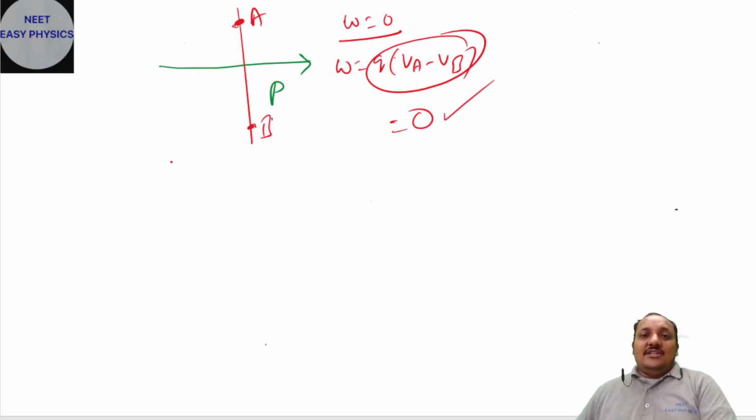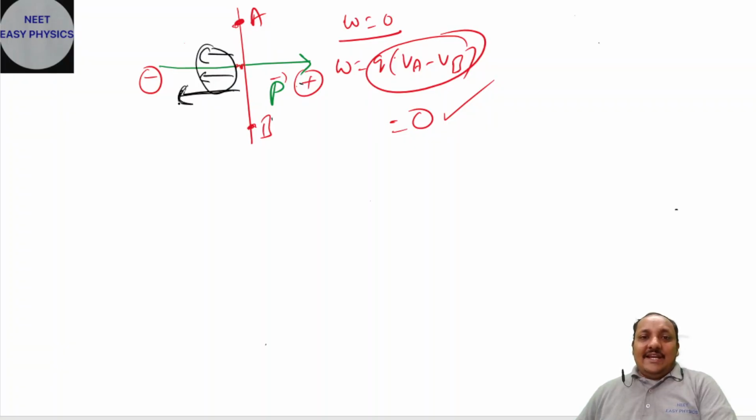Now what is the direction of the electric field? The dipole moment is always negative to positive. If you want it at the center of the dipole, what is the electric field intensity? The electric field due to the positive charge is away, and due to the negative charge is towards. Therefore, if you add both, the resultant will be coming like this.